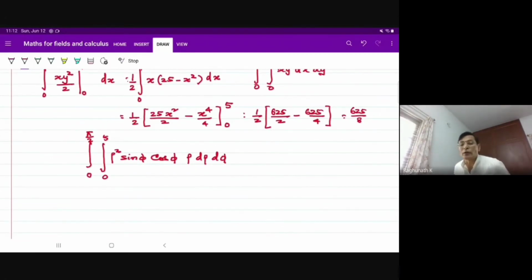What is this now? See the beauty of this problem, I will tell you. Rho cubed d rho, rho power 4 by 4, from 0 to 5, times sin phi cos phi, which is sin 2 phi by 2. Correct only? Sin 2 phi by 2 integrates to minus cos 2 phi by 4, from 0 to pi by 2.